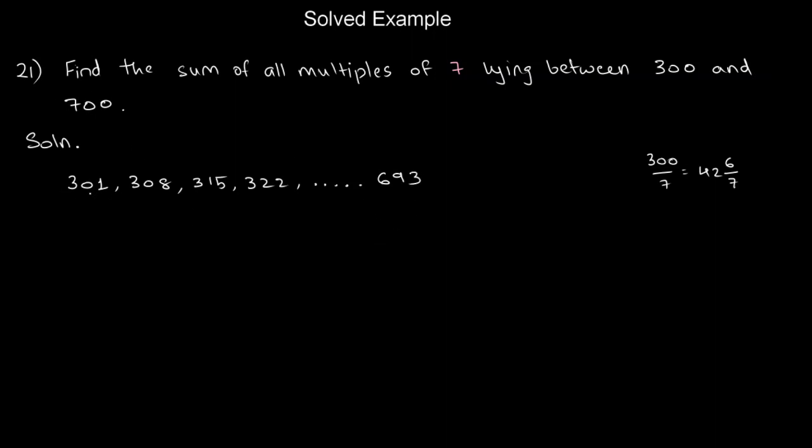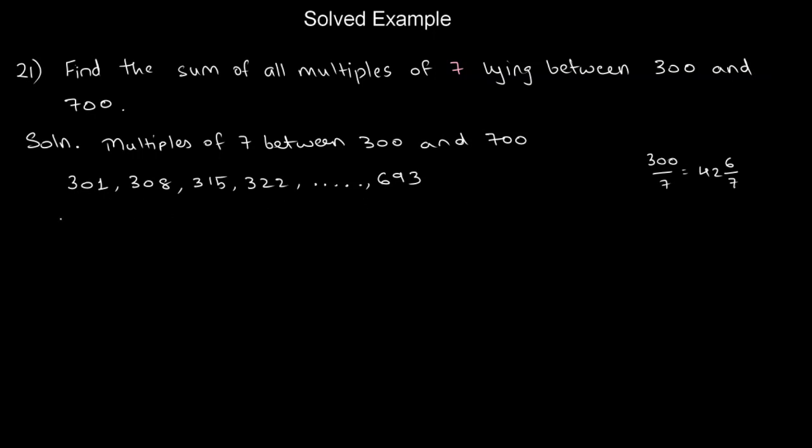So these are the multiples of 7 between 300 and 700: 301, 308, 315, 322, and so on all the way till 693.